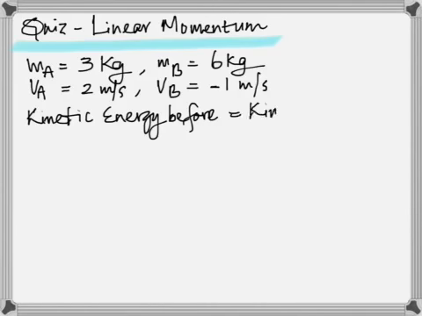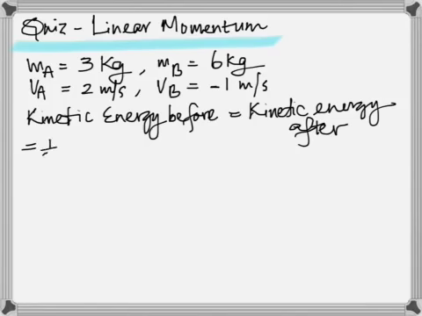But remember that because it's an elastic collision, kinetic energy before is equal to kinetic energy after. So we'll find the kinetic energy before. That'll be 1/2 m_A v_A squared plus 1/2 m_B v_B squared.